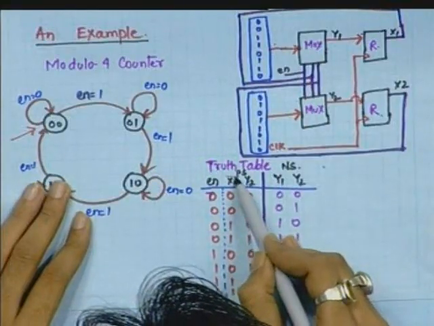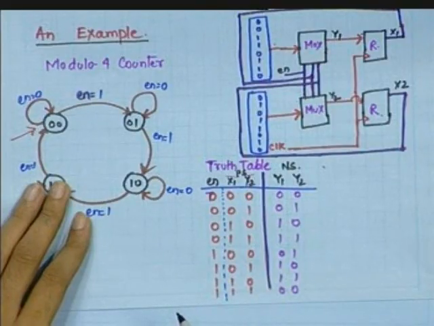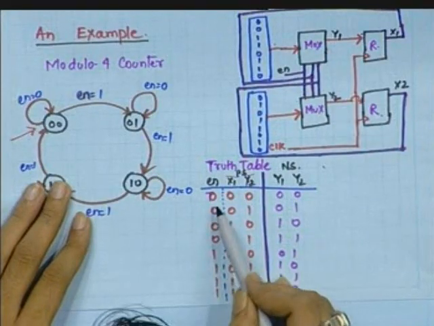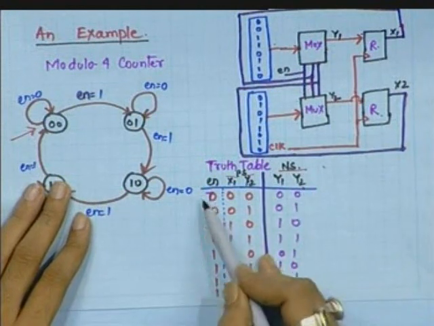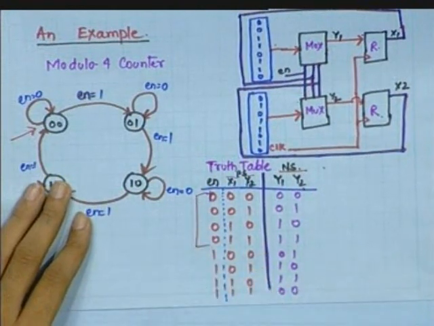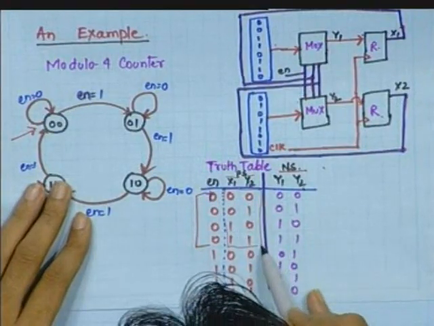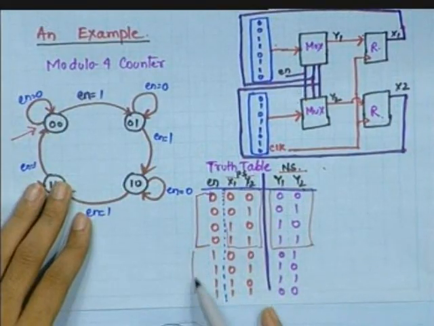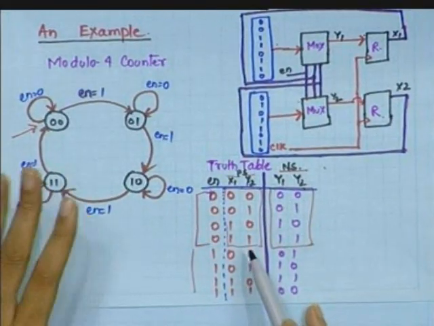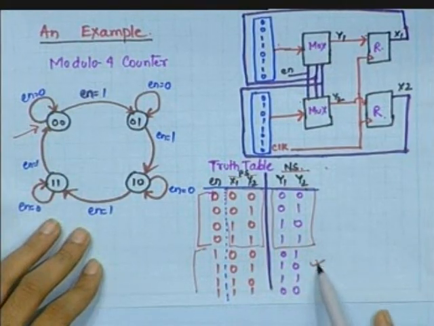The present state is x1 and x2, then enable, and the next state is y1 and y2. When enable is 0, the next state is the same as the present state. When enable is 1, the system goes to the next state.